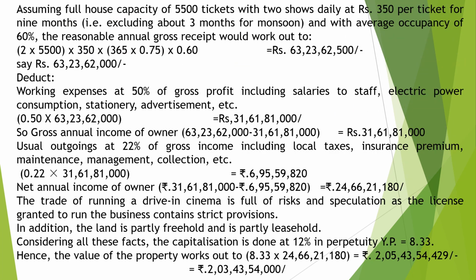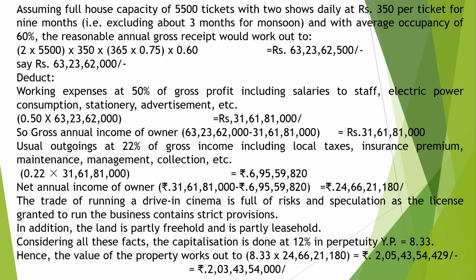So it is a simple one. You just calculate the net income from the cinema hall by calculating the gross income and then deducting the expenditures, and then multiply this net income with the YP, that will give you the capitalized value.